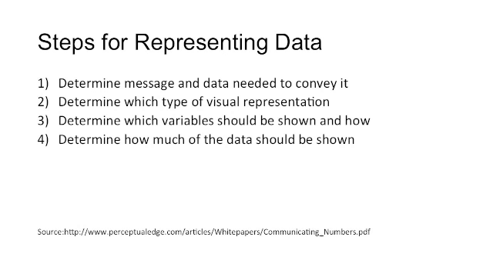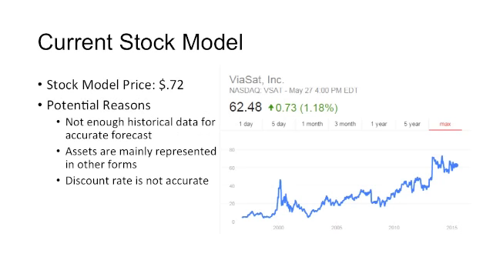So I kept that in mind as I created graphs for each one of these analyses. That way I was able to think through what kind of graphs would be most useful in representing the data. So first of all, after doing my current stock model, I came up with a price of 72 cents.